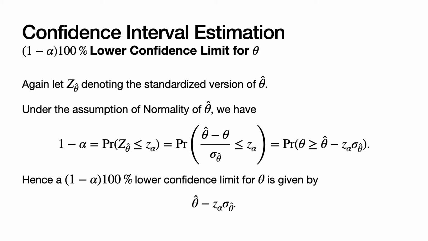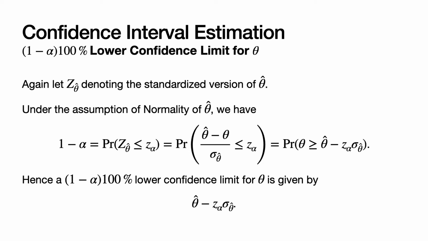theta hat, the probability that that random variable is less than or equal to lowercase z sub alpha, is equal to the probability that theta hat minus theta all over sigma sub theta hat is no more than z sub alpha. And that's equal to the probability that theta is greater than or equal to theta hat minus z sub alpha times sigma sub theta hat.